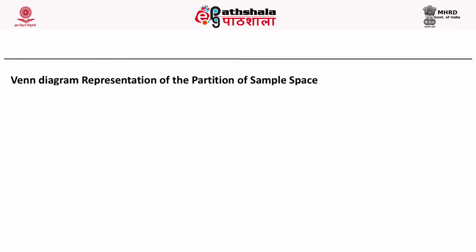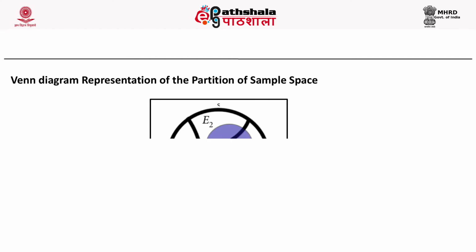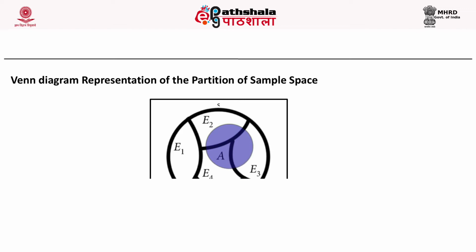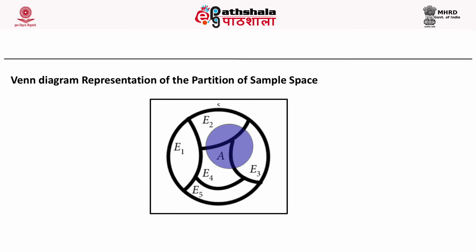Now we have a Venn diagram in which we have shown an event that can overlap over the events E1, E2, En. Here we can see that event A is represented through the purple symbol, and E1, E2, E3 and E4 are exhaustive and mutually exclusive events. So hence we can say that E1, E2, E3 and E4 are the partition of the sample space.